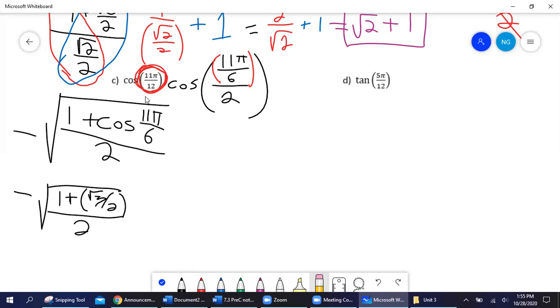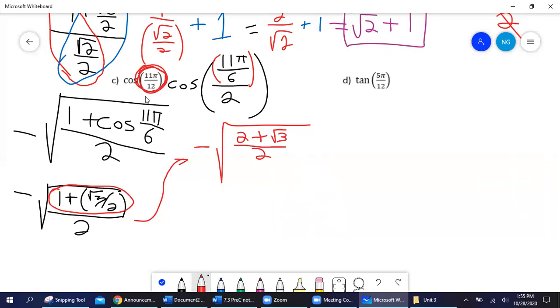Now comes the algebra. And again, you've got options on how you want to do this. If I decided to combine these into a single fraction, that'd be 2 over 2. So that's going to be 2 plus root 3 all over 2.